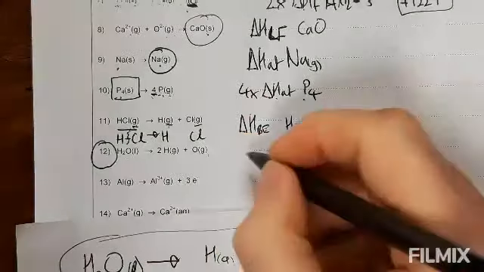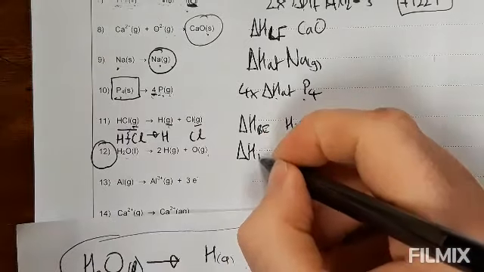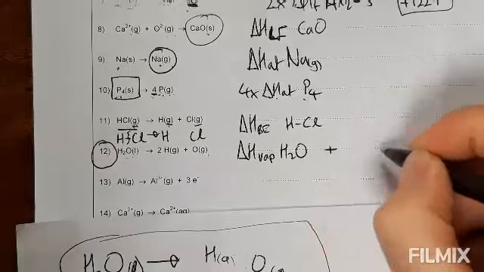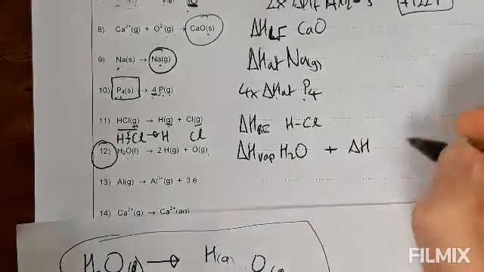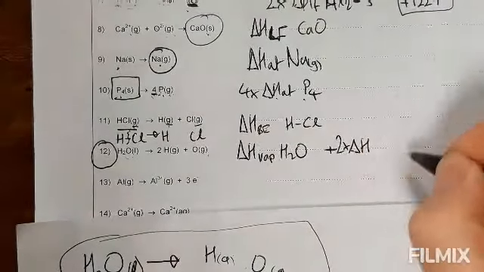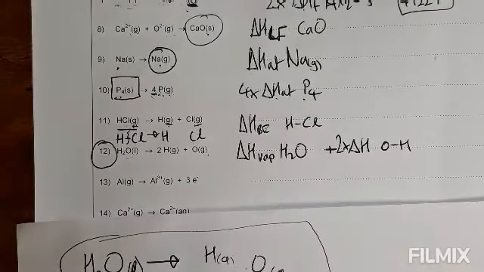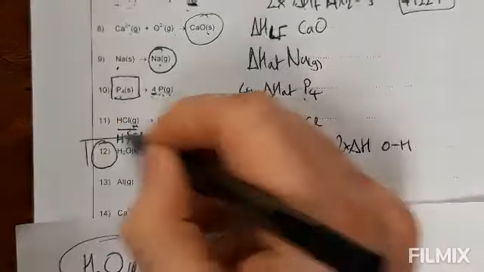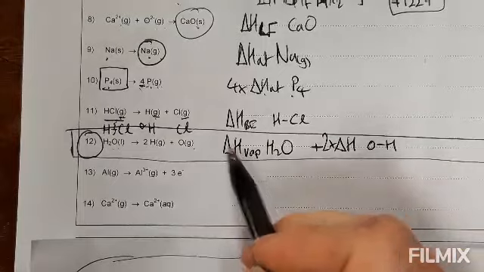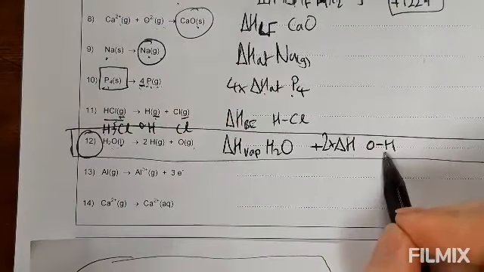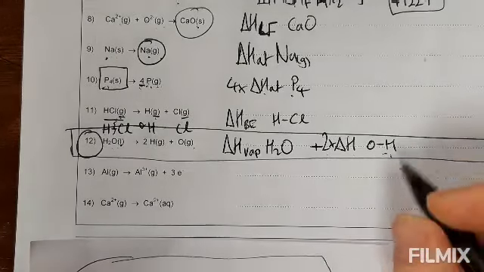This equation can be represented as delta H vaporization of H2O, and 2 times the bond enthalpy for OH. Let's put a big box around that. I'll have to come back to that one another time, but that's the answer, I think. Vaporize your water to turn it into gas, and then break two OH bonds. There might be a simpler answer to that.